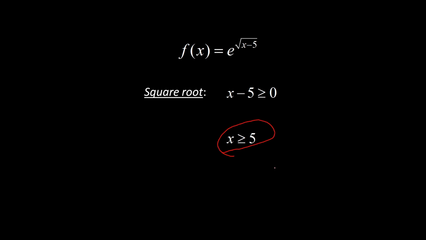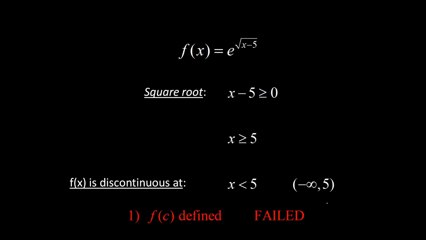This is the domain of the function. In other words, this is where it's continuous. All the other numbers is where it's discontinuous. And we know it's discontinuous at all these other numbers because property 1 is going to fail. The function is not defined when you're taking the square root of a negative number.